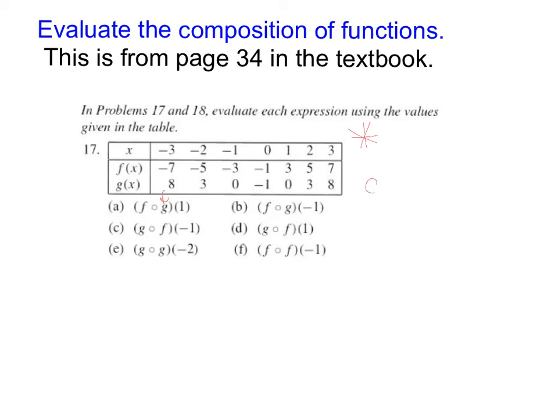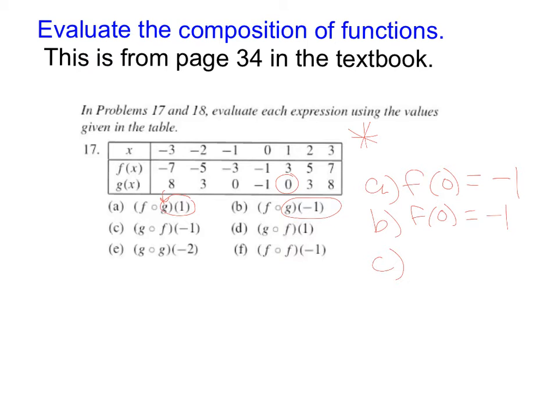So A, g of 1 is 0, and then we plug that into f. f of 0 is -1. B, g of -1 is 0. f of 0, is that the same problem? Oh no, it just happens to work out like that. All right, pause the video, do C through F.